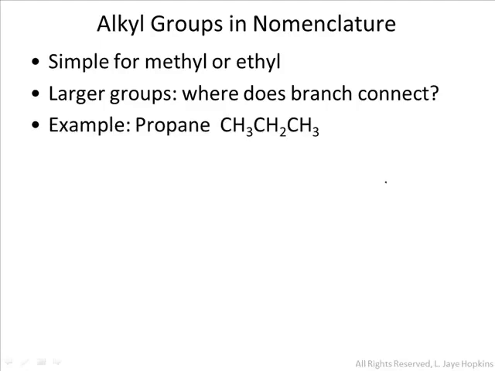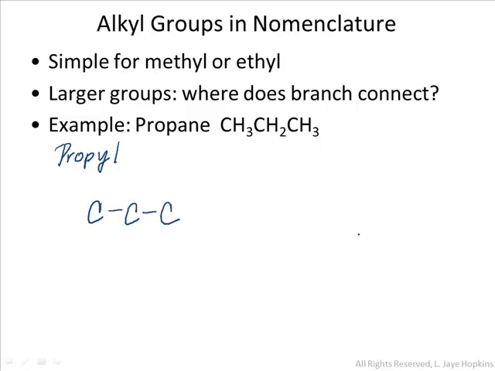Let's look at propane for an example. We already know that propane as a molecule is an alkane, but let's think about the propyl group. When we think about a 3-carbon branch, its name initially would have to be propyl, indicating that it has 3 carbons. But imagine having 3 carbons linked together.